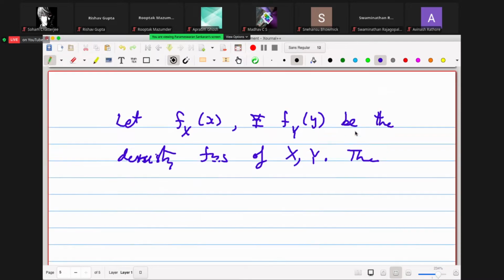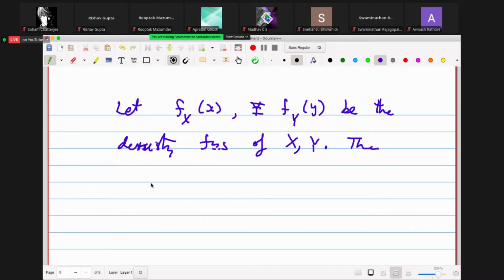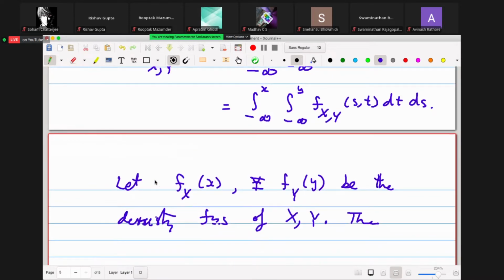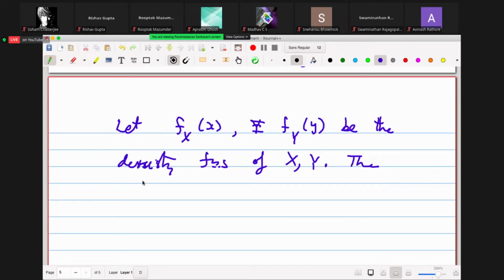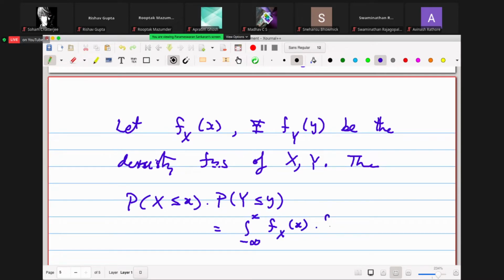So this is equal to the probability X less than or equal to x times the probability Y less than or equal to y, which is equal to the integral from minus infinity to x of f_X of x, times the integral from minus infinity to y of f_Y of y. Here it is dx, here it is dy.